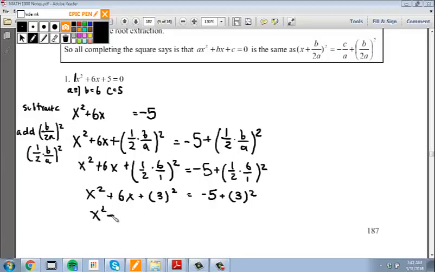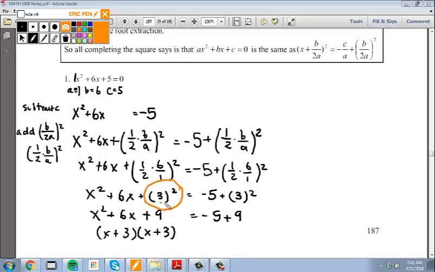Now, I can actually make that 3 squared into a 9, but then I have to refactor this as x plus 3, x plus 3. So my advice is not to multiply this out here, because whatever number is inside of the parenthesis is what goes here.